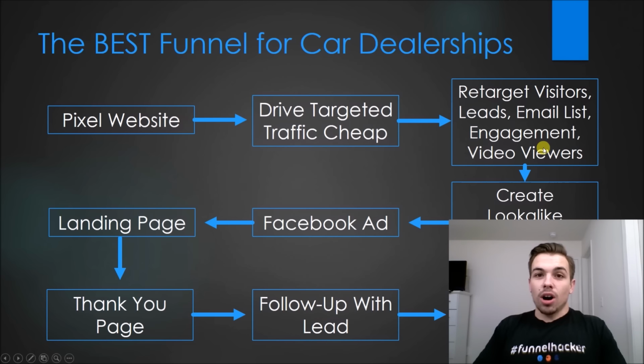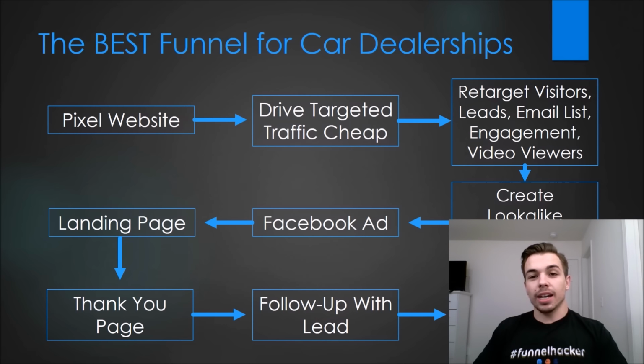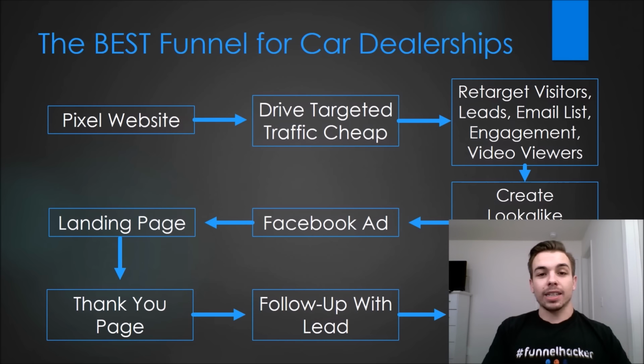Then I made a lookalike off of that, which makes it much, much cheaper to target people, because when you're targeting people likely to buy a car in the next 30 to 90 days, there's a lot more competition, and people want to buy that data.